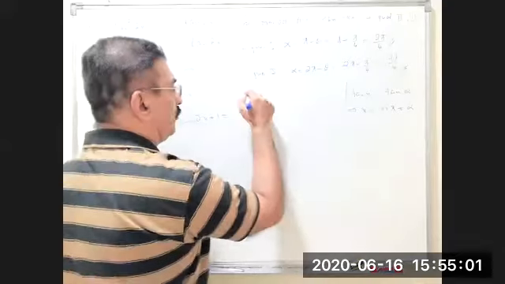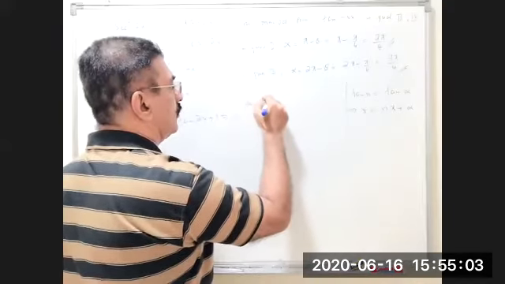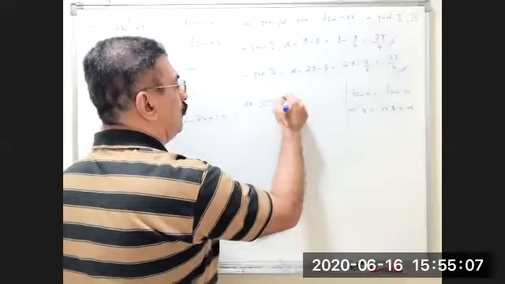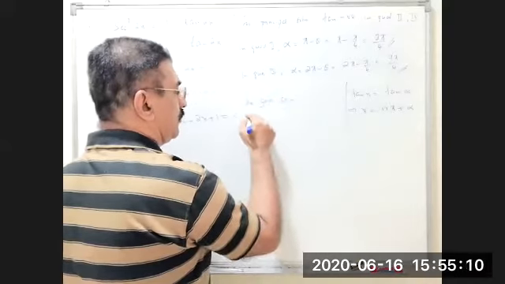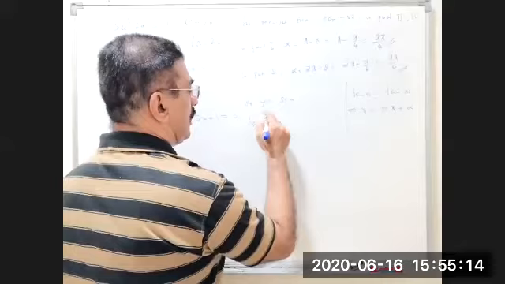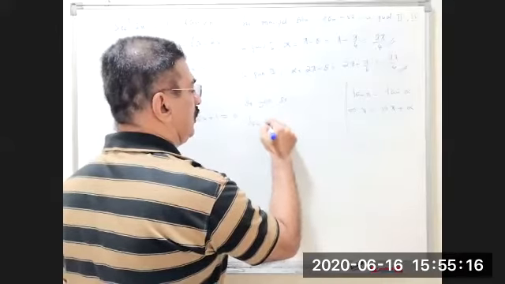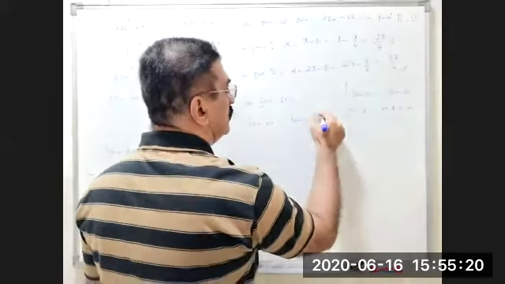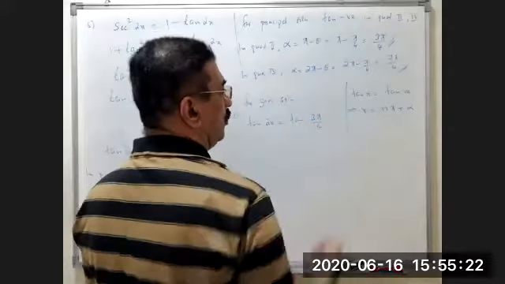So for general solution, tan 2x is equal to tan alpha, what is alpha? 3 pi by 4.